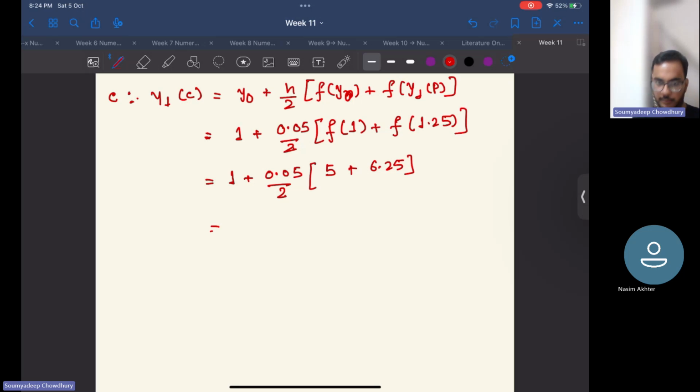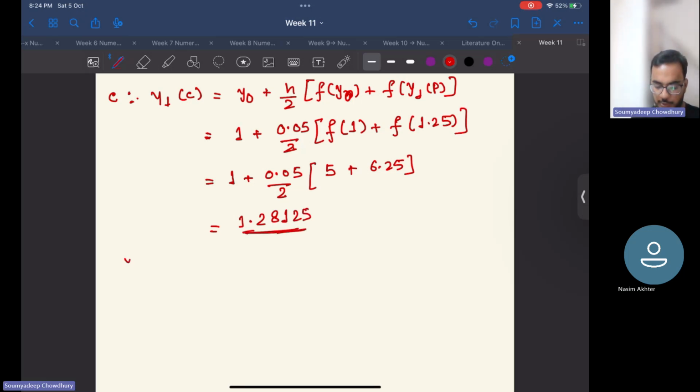If you calculate, 11.25 times 0.025, so it is 1.2815.